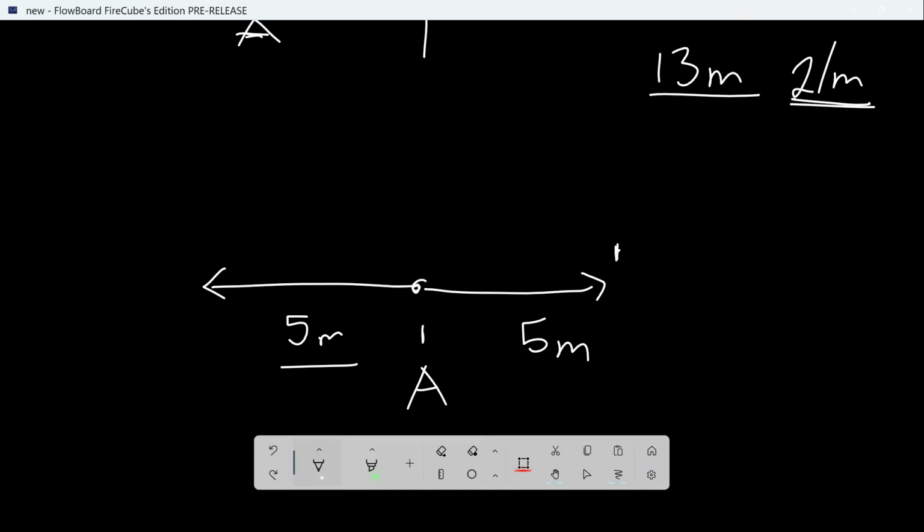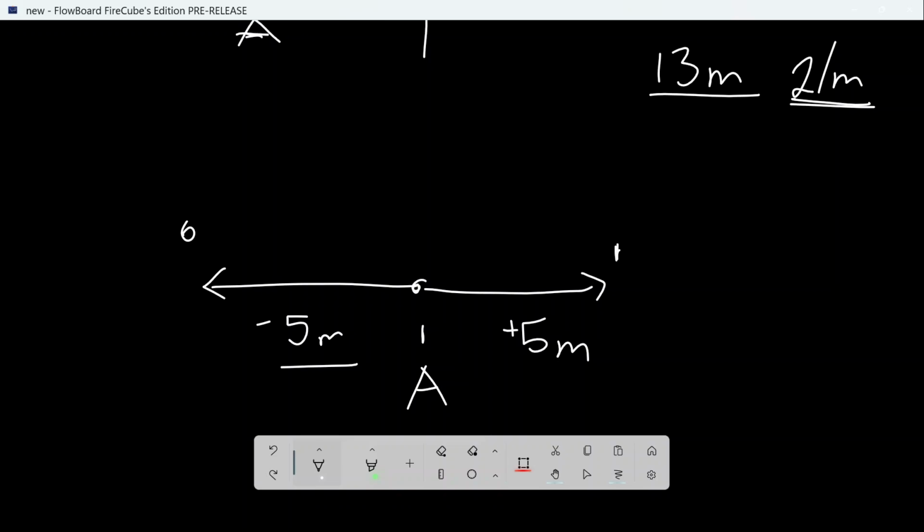Well, this ball here is 5 meters from the starting point, and this one here is also 5 meters from the starting point. So what's the difference? That's where I would have to introduce signs. We're going to use a positive sign there and a negative sign there, just to show that here it is 5 meters but backwards, 5 meters before the starting point, and here it's also 5 meters away but 5 meters ahead of the starting point.